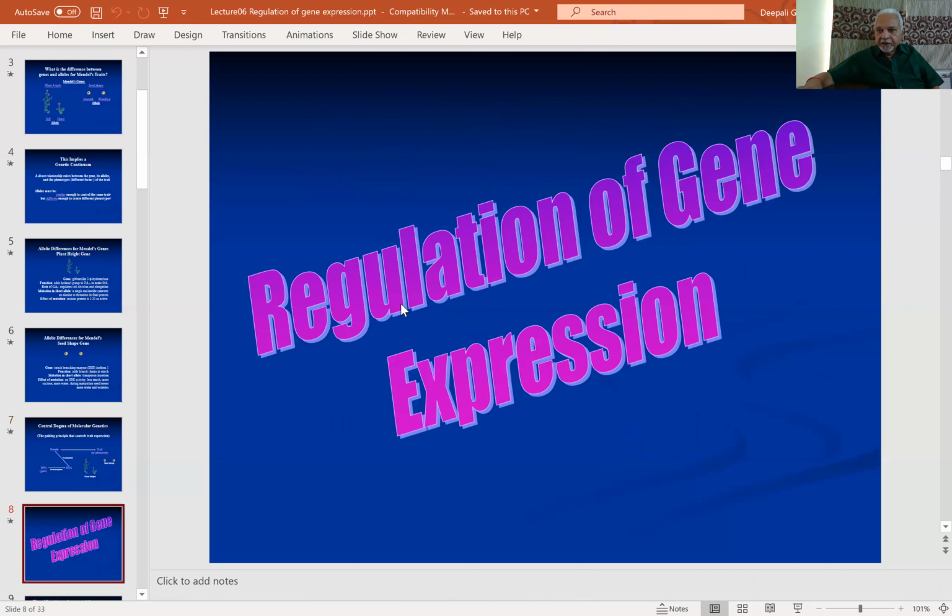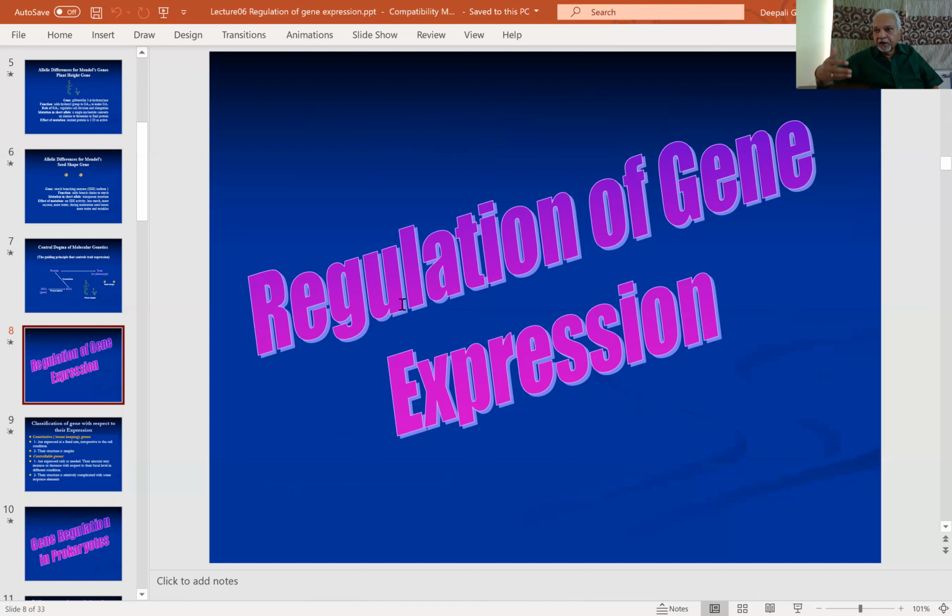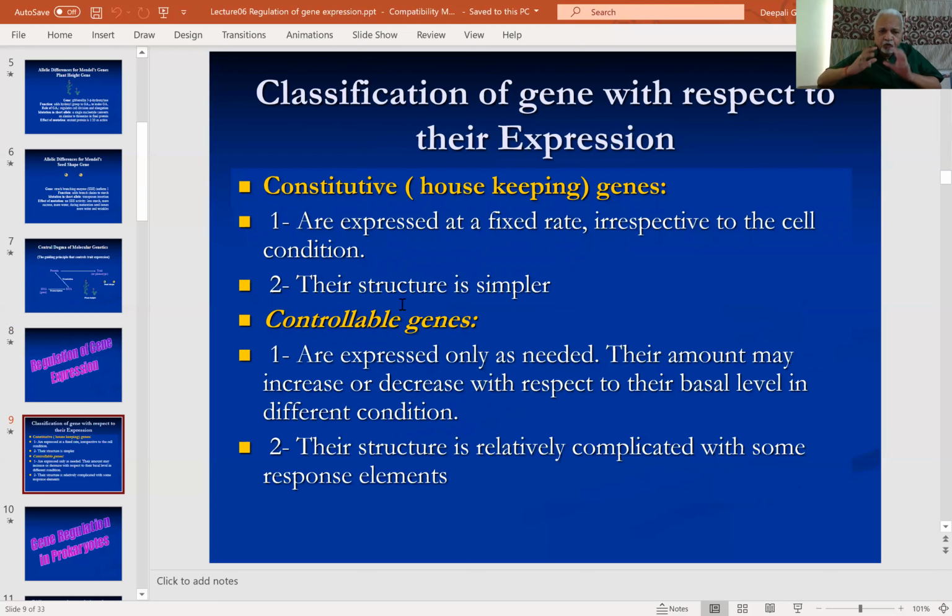So let us look at how this gene regulation takes place, or how gene expression is regulated. So what we understand today is that all living organisms in general, starting from prokaryotes to eukaryotes, have two classes of genes. It means in their genome, it is the active part of the genome which has the genes.